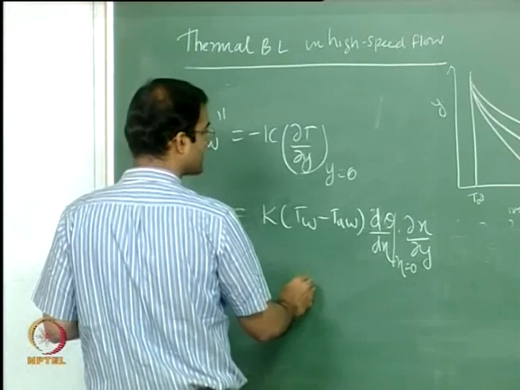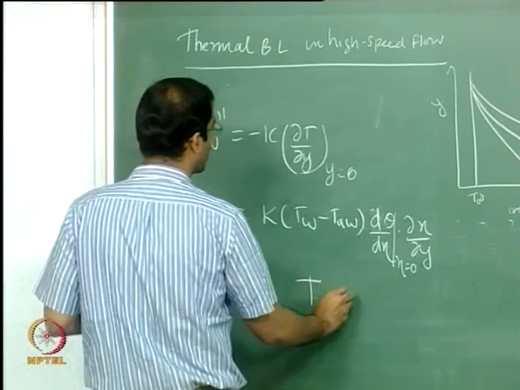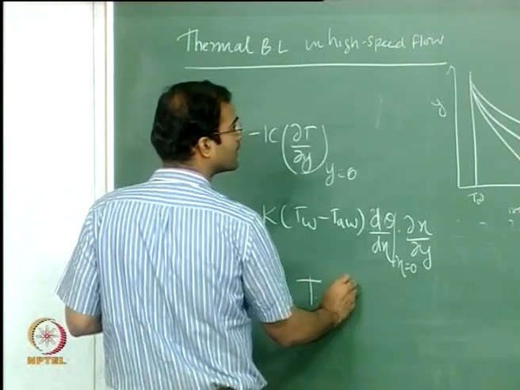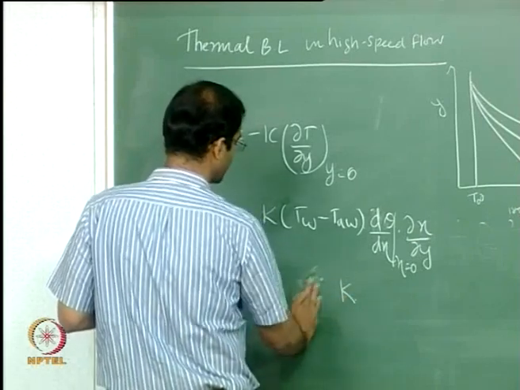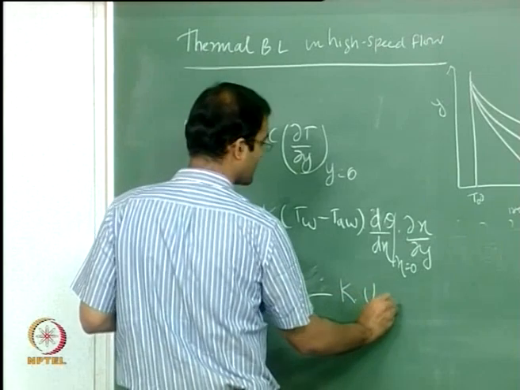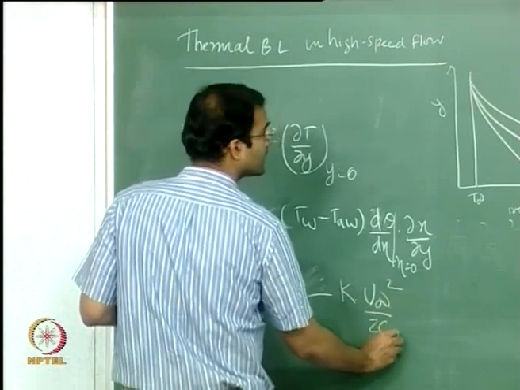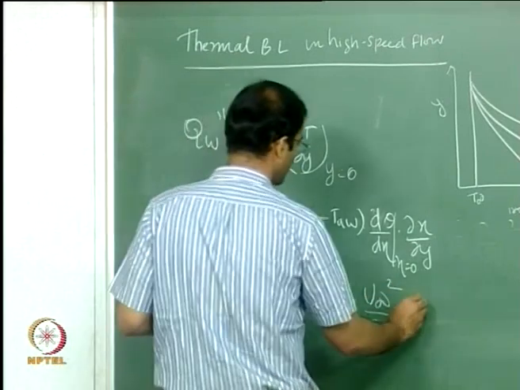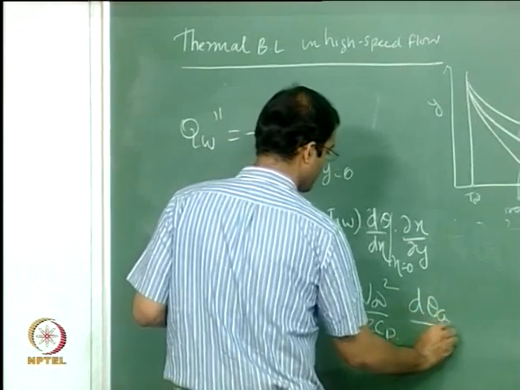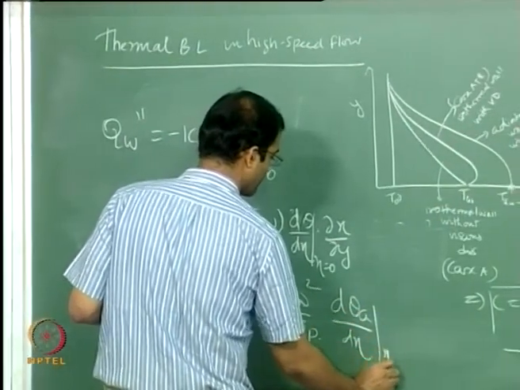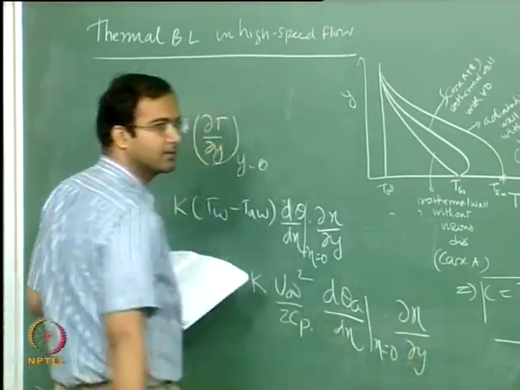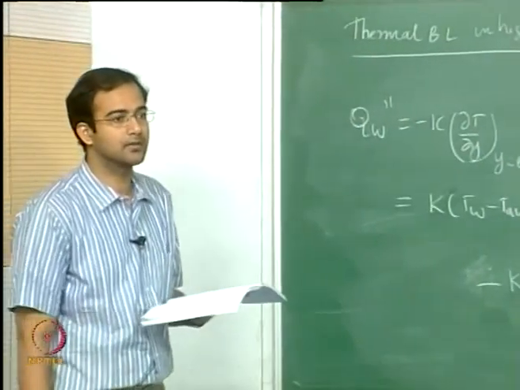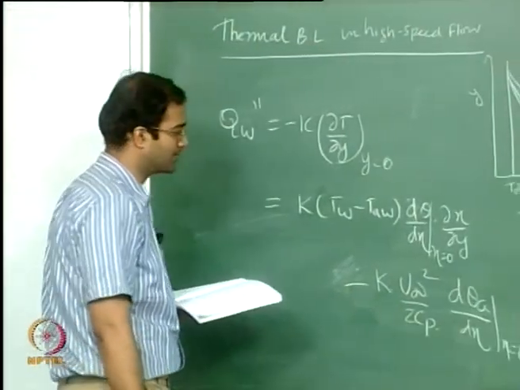Plus you have U infinity square, there will be a minus here, k into U infinity square by 2 Cp into d theta a by d eta at eta equal to 0 into d eta by dy, right. So this is coming from the general solution.